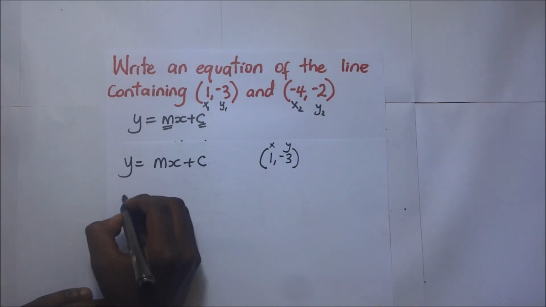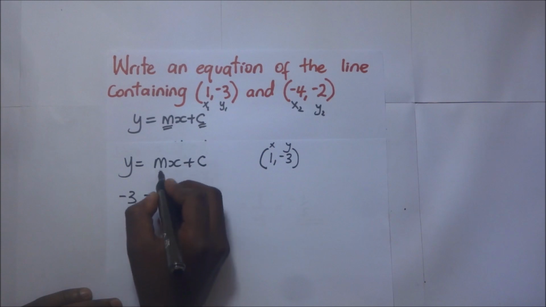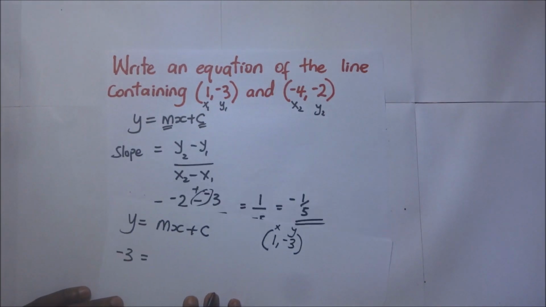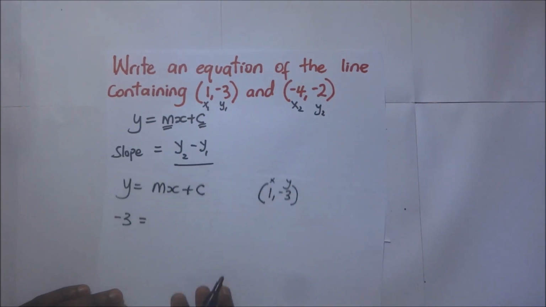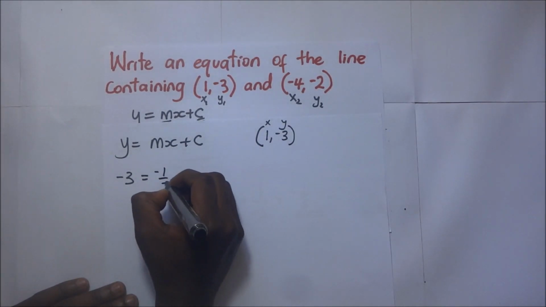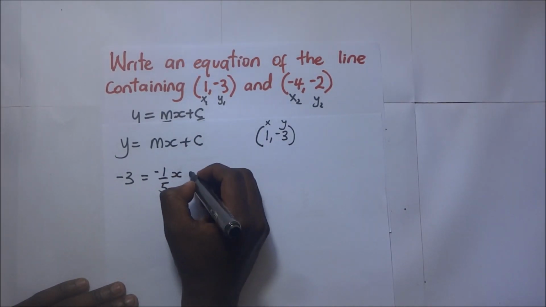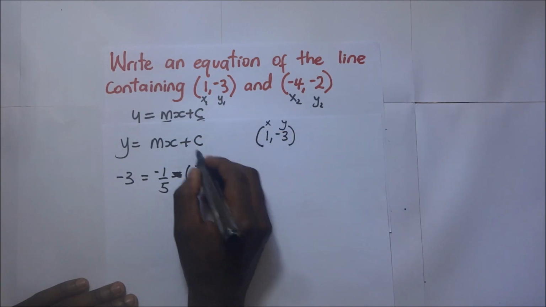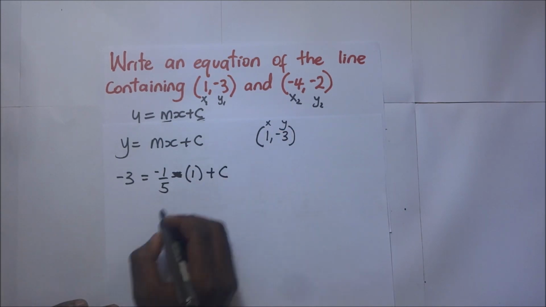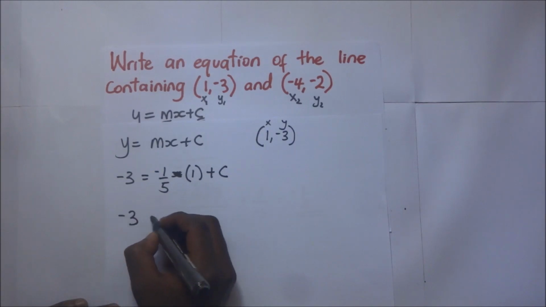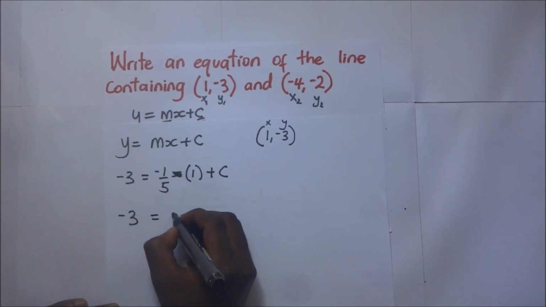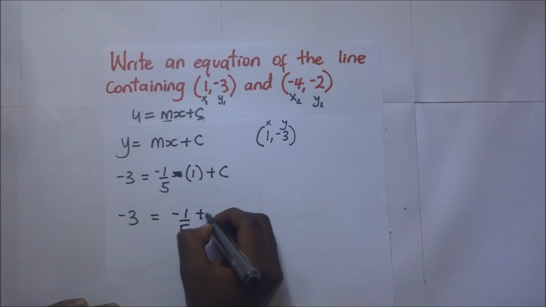So our value of y here is -3, so we shall say -3 is going to be equal to our slope, which we already got, times x. Our value of x here is 1, plus c.